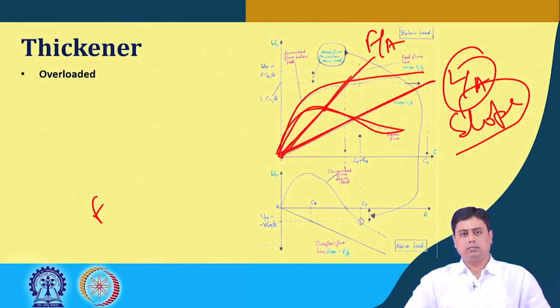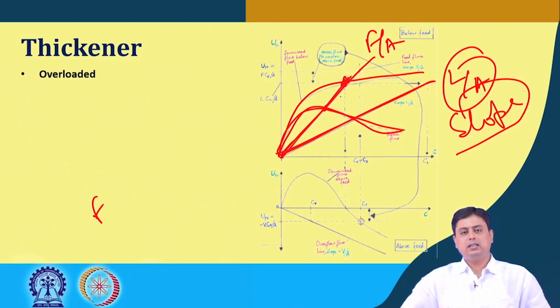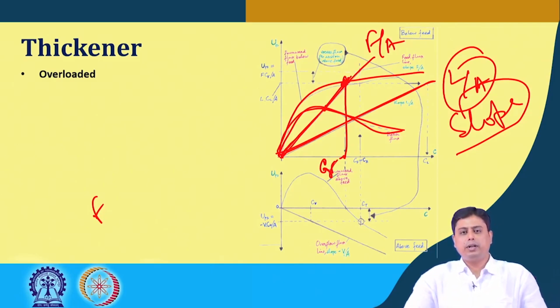This is the total flux plot. Once we have it, we see the point of intersection of F by A line and this total flux, that is the critical concentration. The x axis value corresponding to that intersection point is our critical concentration that the thickener can operate at, beyond which there will be total flux or the flux in the upflow zone.